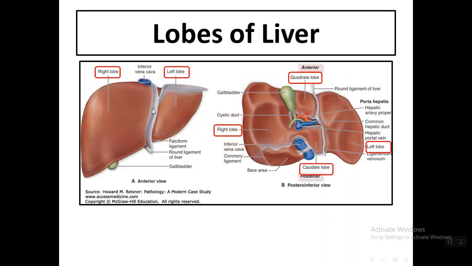This is the anterior view. This is the falciform ligament separating the liver into two lobes, the main right lobe and the smaller left lobe.